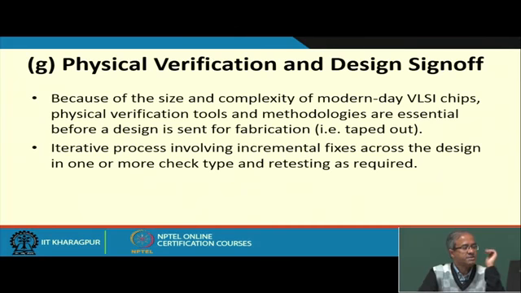Now, the last thing that we shall be discussing with respect to VLSI physical design is a process called physical verification, that is followed by design sign off. What is physical verification? As the name implies, we are trying to verify something through physical inspection.